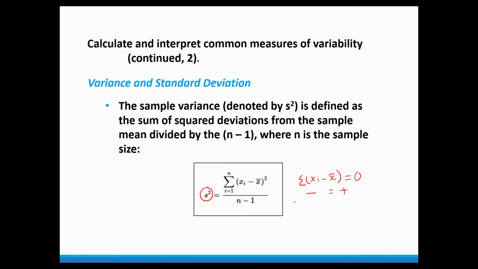To avoid this problem again, we put the power 2. We get the square of the difference between the values and their mean, and we divide by n minus 1. n refers to the total number of observations inside the sample.